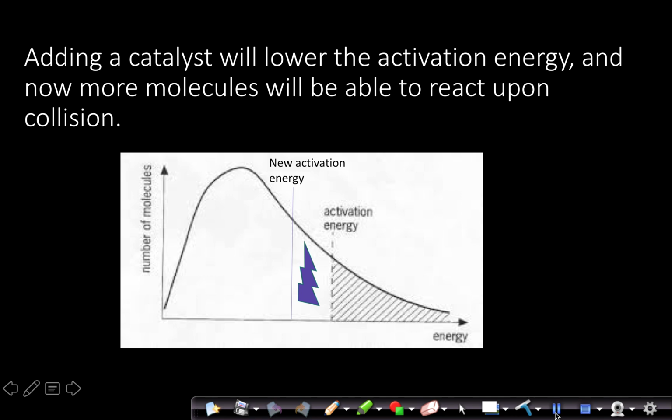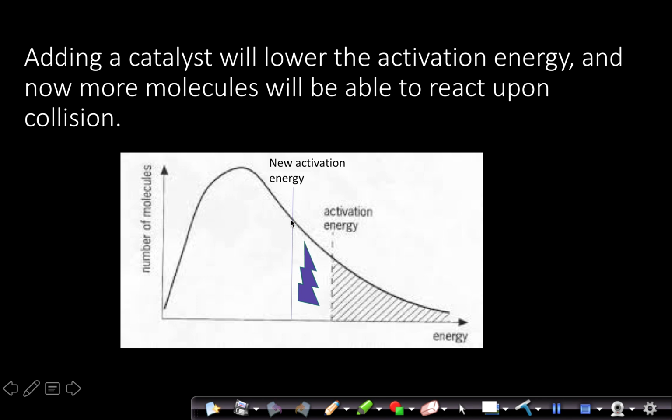We can add more molecules to the molecules that have enough kinetic energy in two ways. The first way is to add a catalyst. When we add a catalyst, remember, the reaction will have a new pathway, a new mechanism, and this new mechanism will require less activation energy. By requiring less activation energy, this new lower activation energy will now include more molecules than were included before.